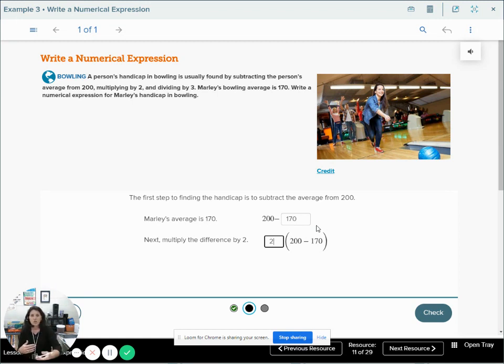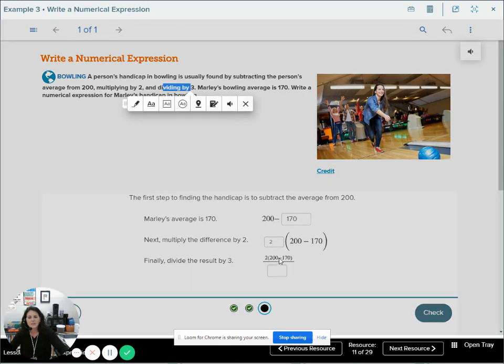But I want you to start writing it down. Get in a habit of writing down the process that you're working. What did we do first? Well, we subtracted the 170 from 200. What do we then have to do? We have to multiply that whole answer, that difference, by 2. When I do that, then I divide that by 3.